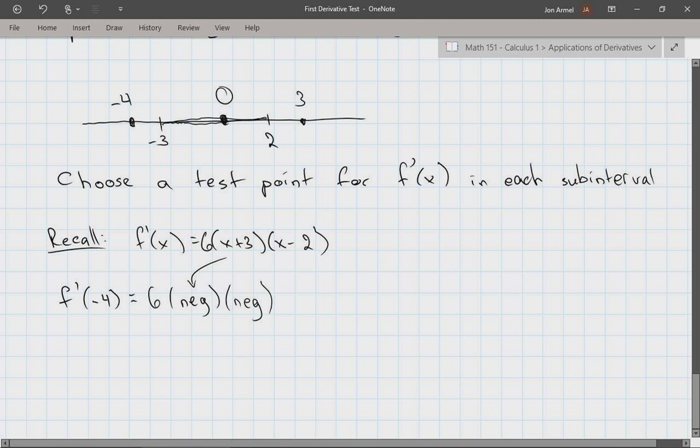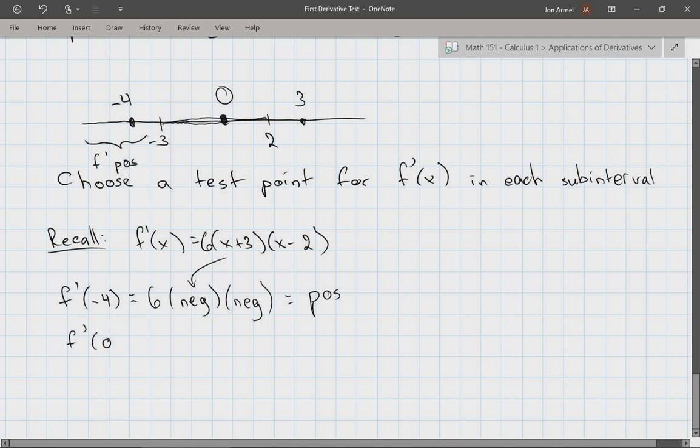What is 6 times a negative number times a negative number? That is a positive number. Which means that at -4, the derivative is positive, and everywhere to the left of -3, f prime is positive. So that single test point tells me about every point to the left of -3. And again, I don't care about multiplying them out and getting a specific positive number. I just care that it's positive.